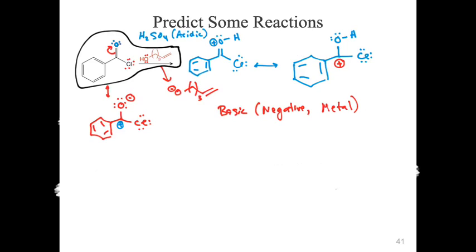Am I way off base, or is this where you guys were thinking? Ish, maybe? My thought was, if you connect those, I get a strong base and a strong acid on the same thing, and I would not like that. So we could go through and evaluate what would happen in those intermediates. Okay?